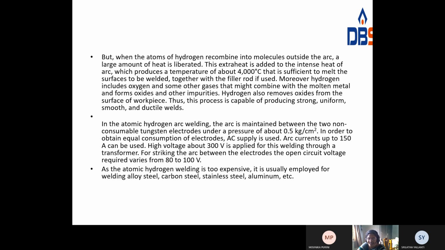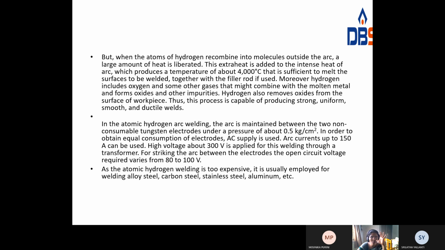The oxides produced on the surface to be welded will be removed. Thus, this process is capable of producing strong, uniform, smooth and ductile welds.